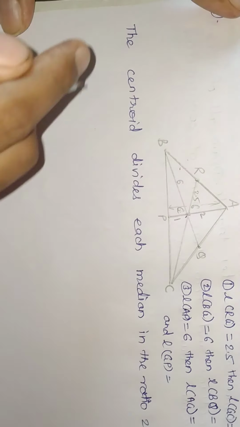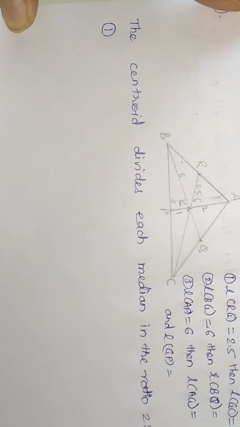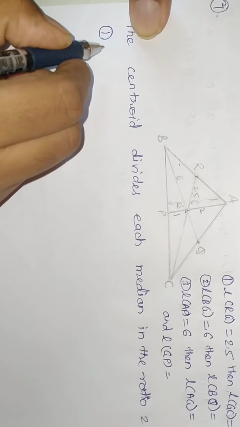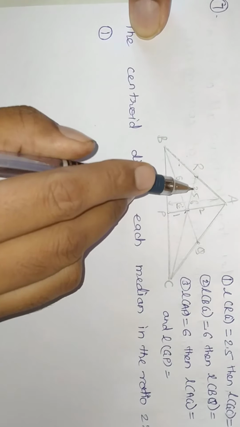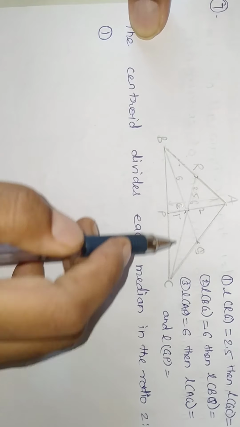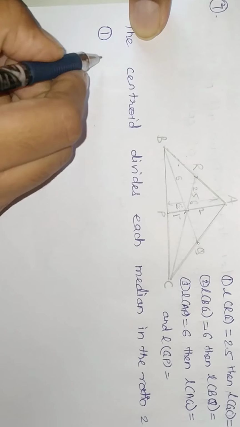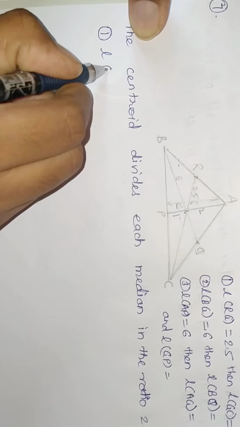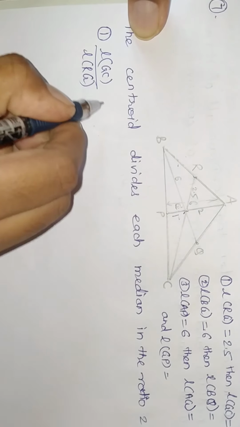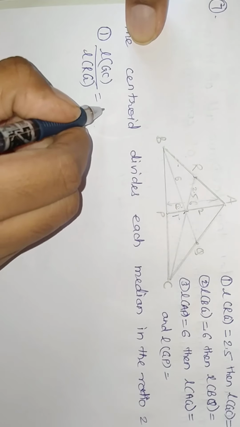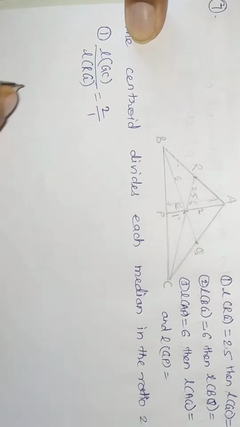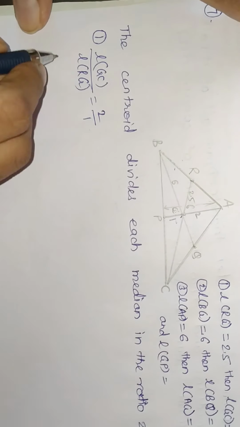See, first one, RG is 2.5. Here ratio you can write, length of GC upon length of RG is equal to 2:1. Now here GC is not given.